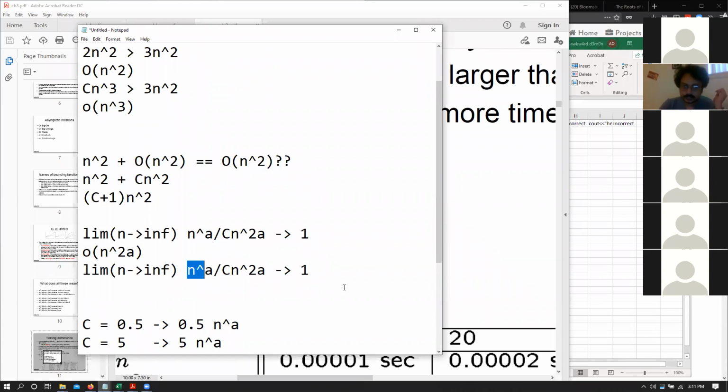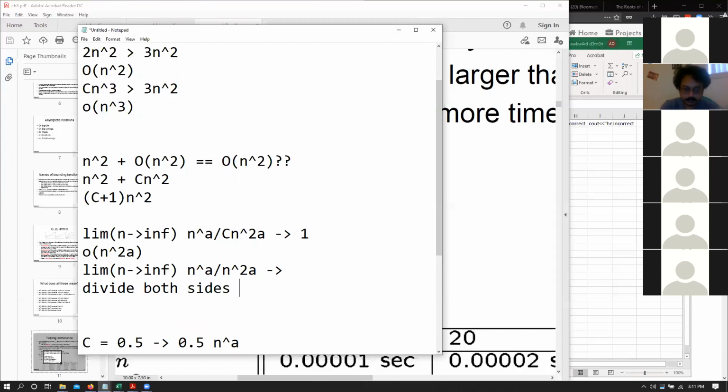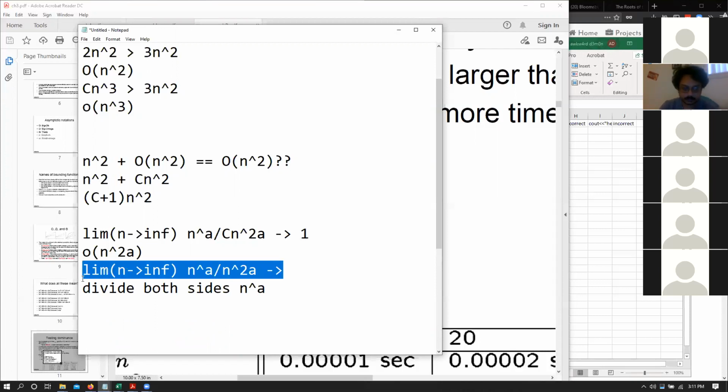Well, we have two terms, n to the power of a and c times n to the power of 2a. Let's forget about the c for now. We can divide both sides by n to the power of a. In that situation, what do we have?